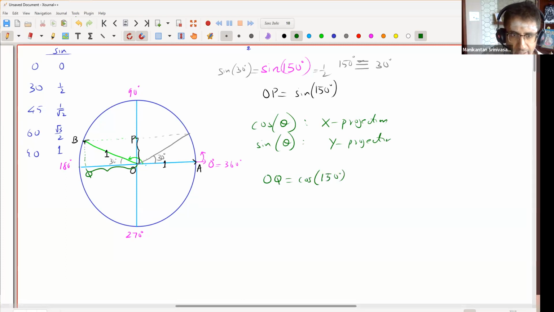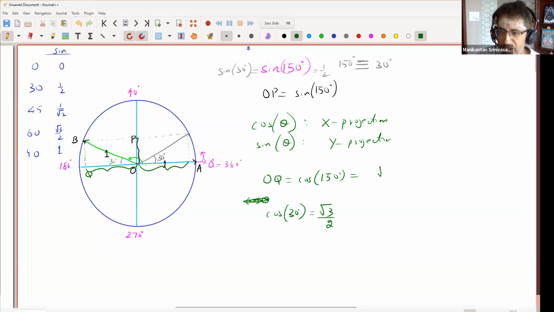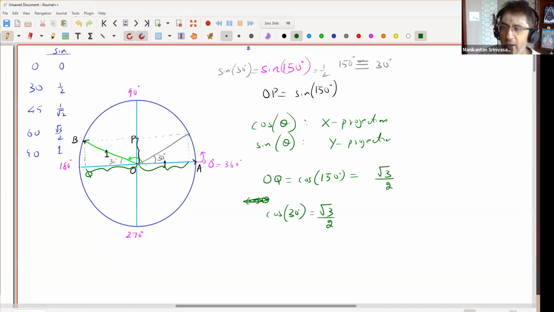Okay, can I find an equivalent one here in the first quadrant? Yes, I'll take the same 30 degrees. I'll say this measurement is exactly what I need, right? And this I know is cos 30. So cos 30 is root 3 by 2. So cos 150 is also root 3 by 2 in magnitude.